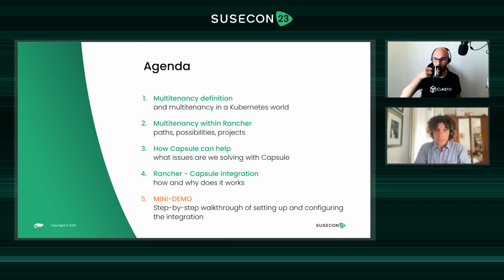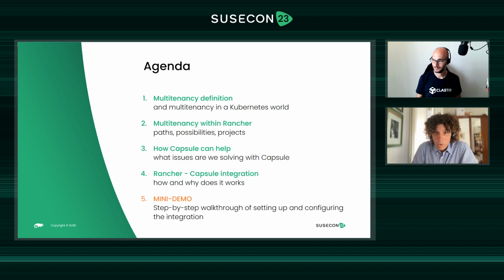So, during this session, Dario and I will speak about a solution to manage multi-tenancy within our Kubernetes environment. This solution is made by CLASTIX and integrates really well with our solution, which is Rancher. This is the agenda of our talk. We will start by defining what multi-tenancy is.